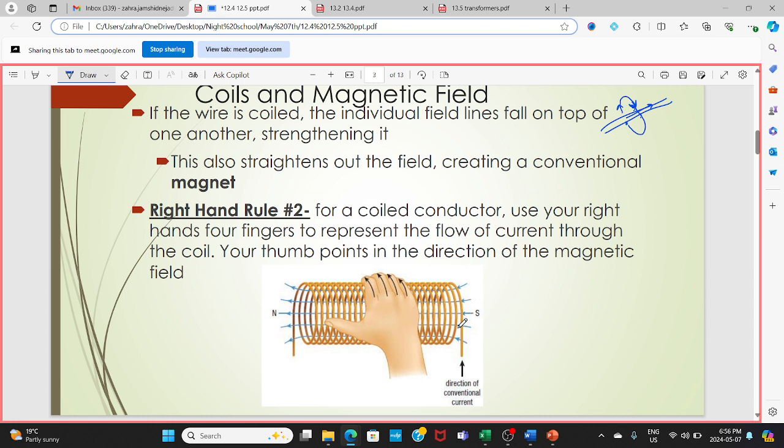Now, if we take our wire and just wind it with N number of windings, what happens? Again, it will produce a magnetic field. Now we want to find the direction of this magnetic field. So we have a current, right? As you see, the current given to you is going up in front.